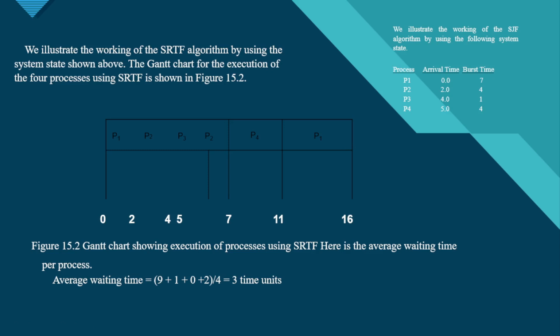Then check at 2. The burst time of P2 is 4. But before that, we must find out which one has the shortest burst time, and the shortest burst time is P3. P3 arrived at 4.